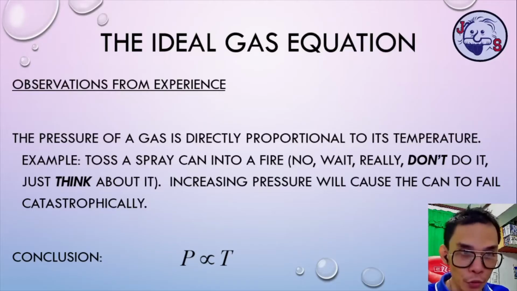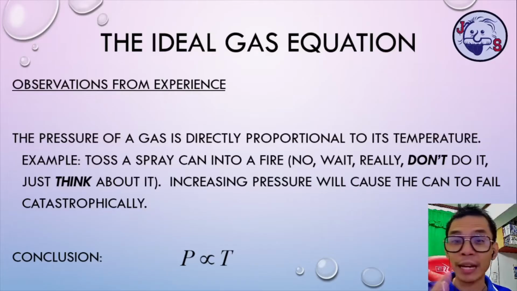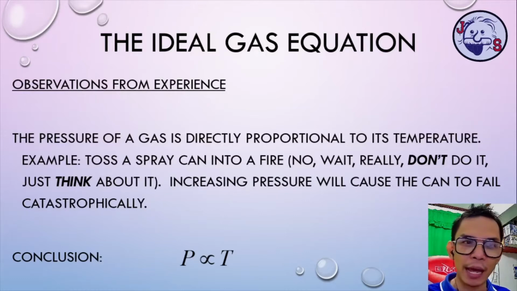It will explode. As the temperature of the spray can increases, the pressure of that spray can increases as well. So that is directly proportional. That is the temperature and pressure relationship.